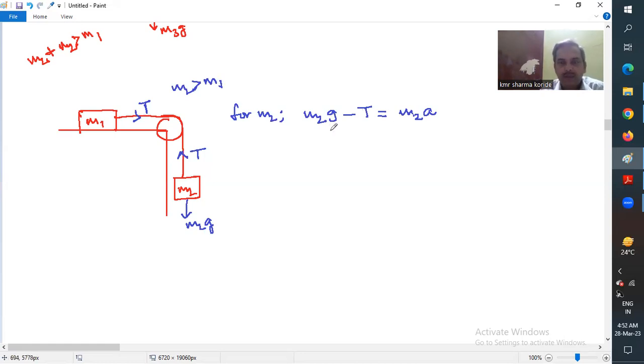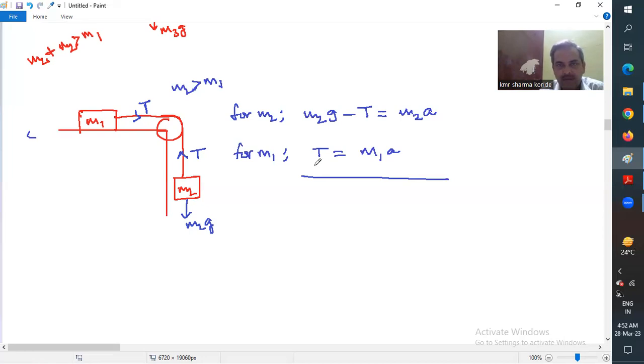This is for the case of M2. Now for M1, tension favors, and you don't have any other force to oppose the motion. So tension is the reason for its motion. It is M1A. If you solve this, you can get the common acceleration.